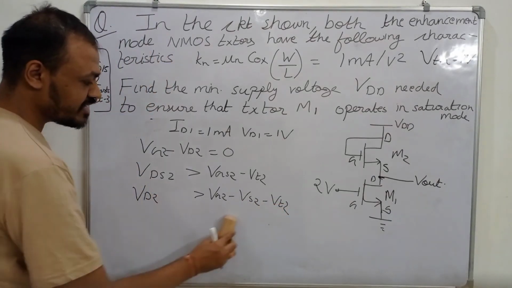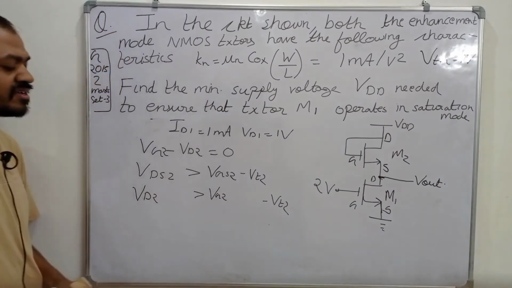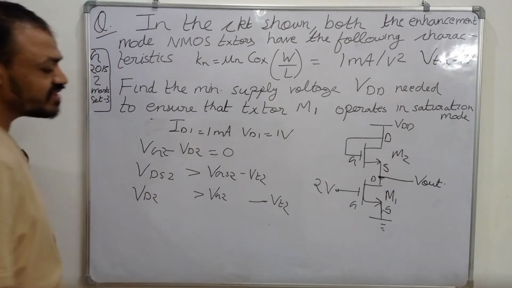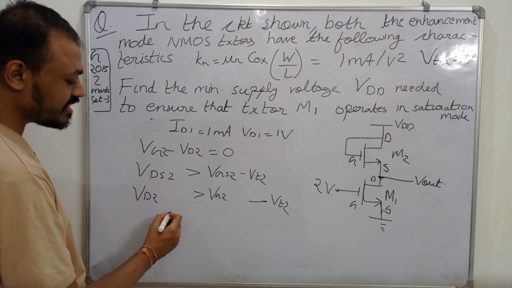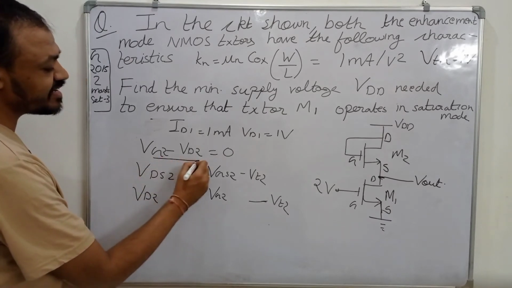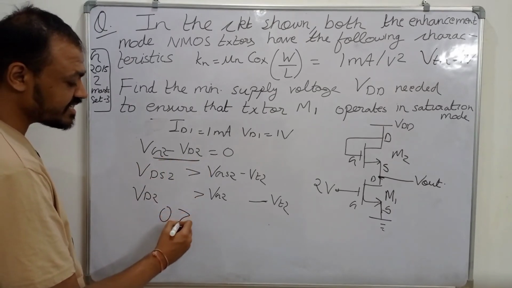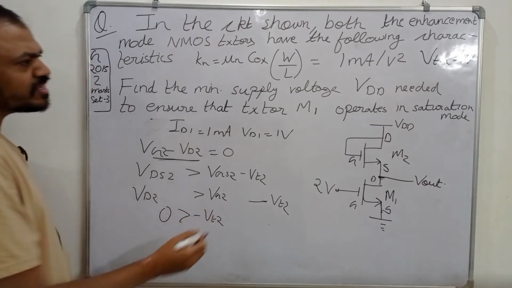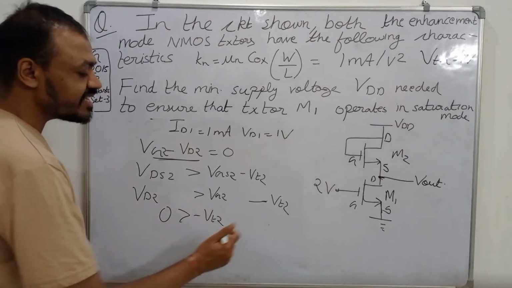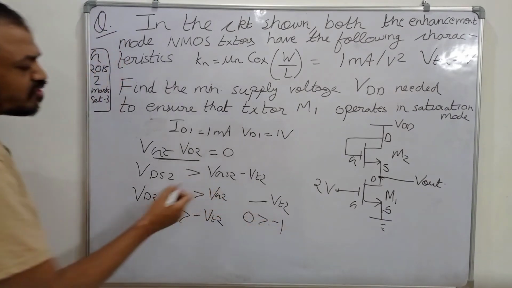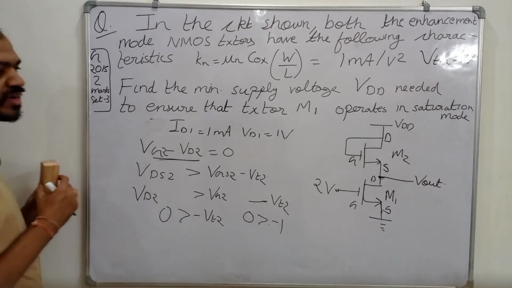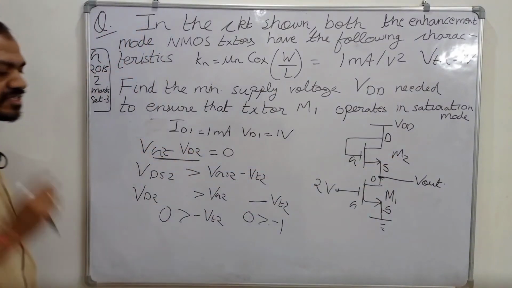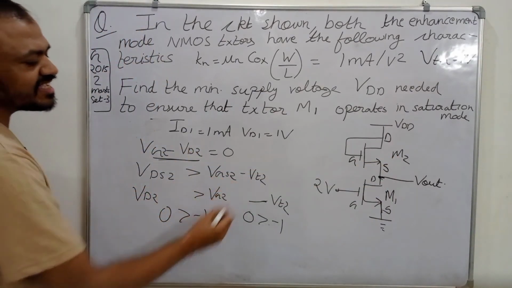So VG2 minus VD2 is 0, so 0 is greater than minus VT2, and VT2 is obviously 1 volt, so 0 is greater than -1. This proves that the second transistor M2 is also in saturation, because VDS2 is greater than VGS2 minus VT2.